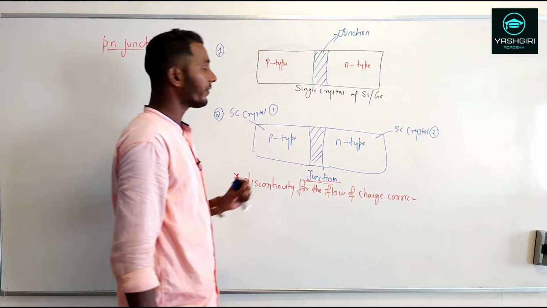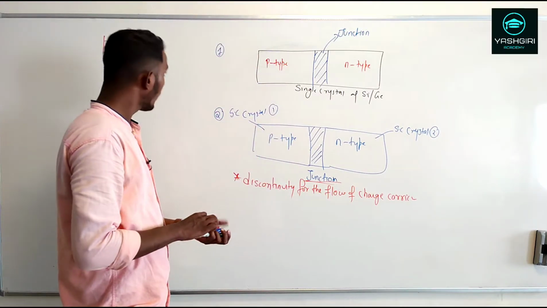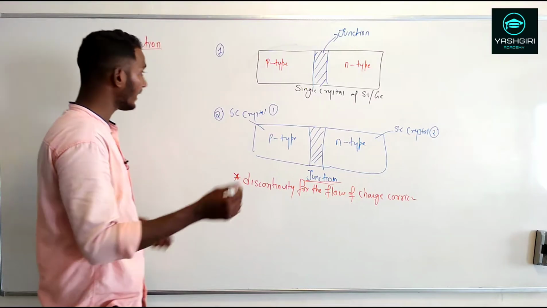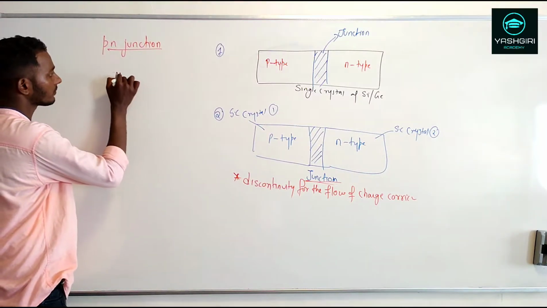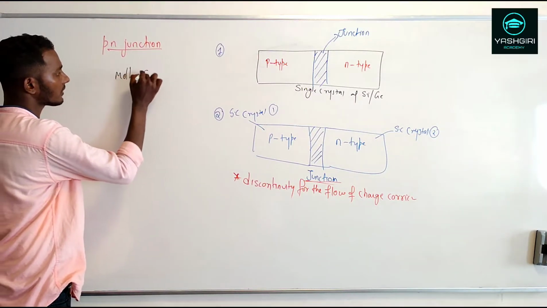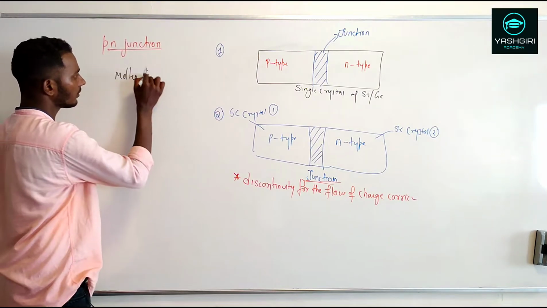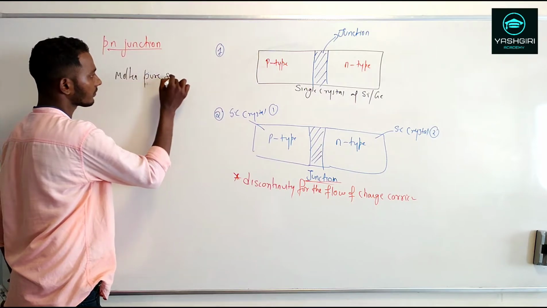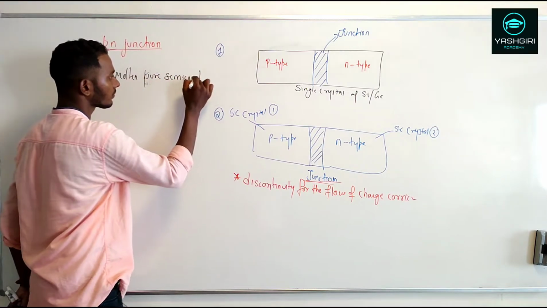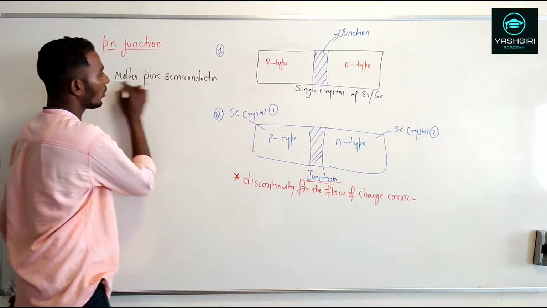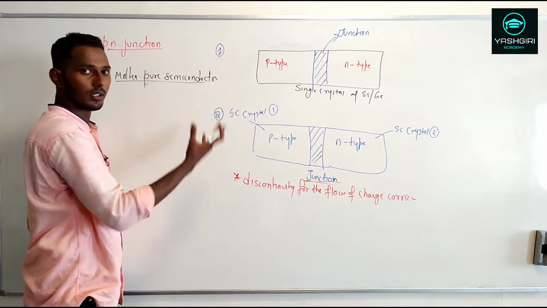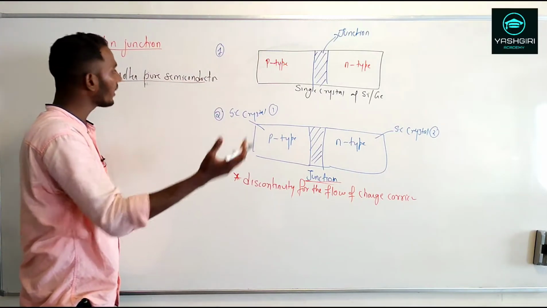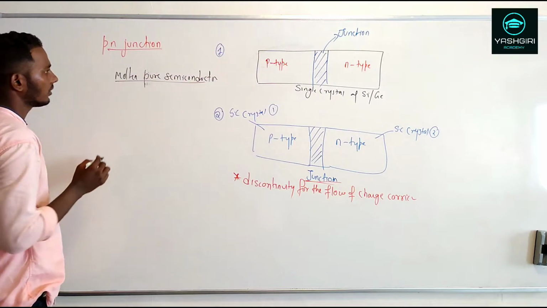Okay, so how do we form this p-n junction? We can take a molten pure semiconductor, and the purity should be almost 99.999% or even more if possible.